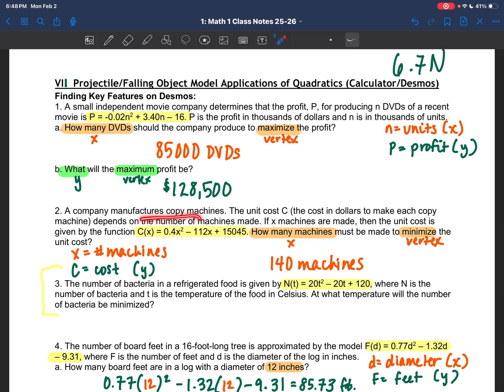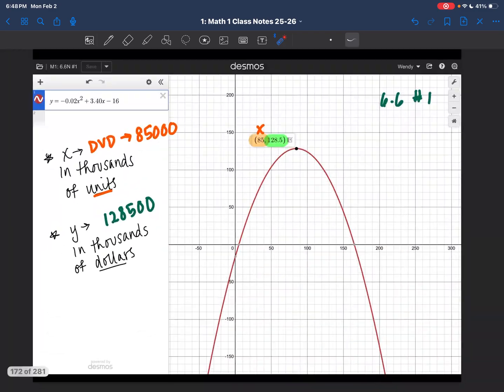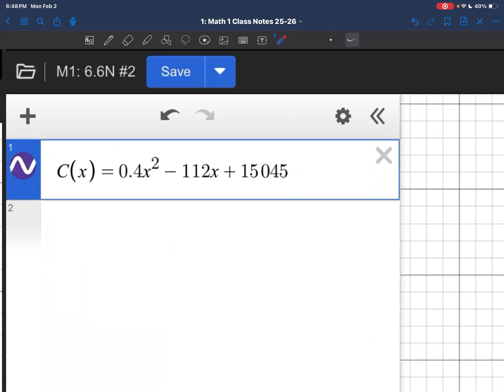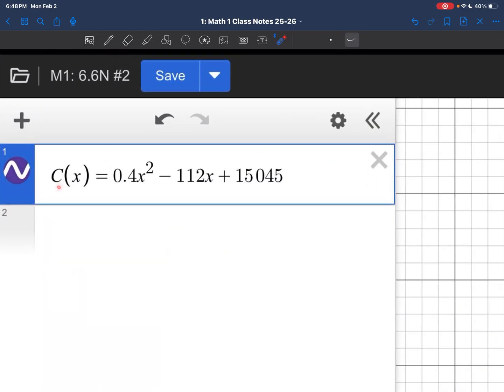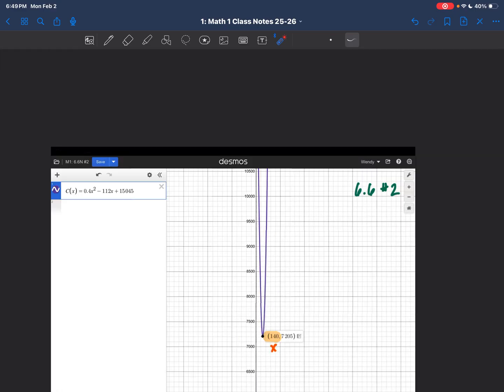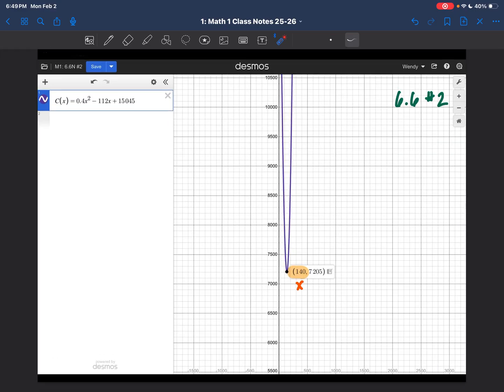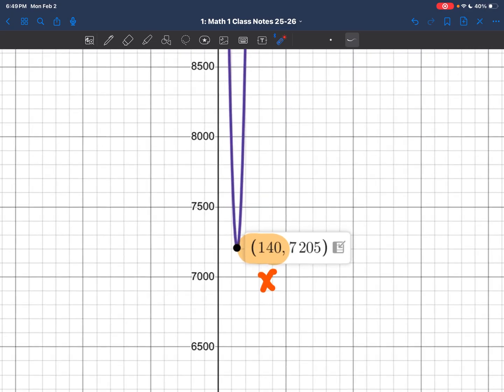So we're going to copy that or type it in. And if you notice here, I did C of X. We could have just made all this Y. It's fine as long as you've got the numbers correct and whatever is in here is what you have here. So I went ahead and typed that in. You're probably going to have to scroll up a lot to get to this point.